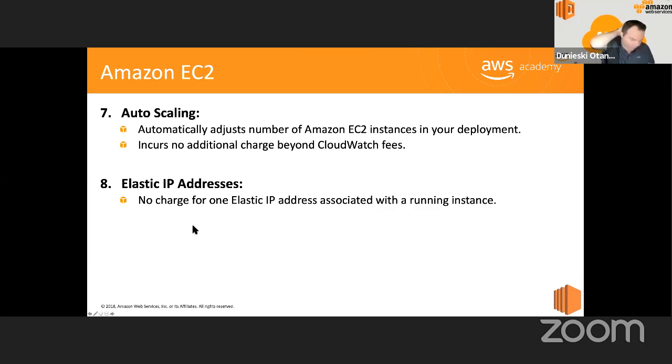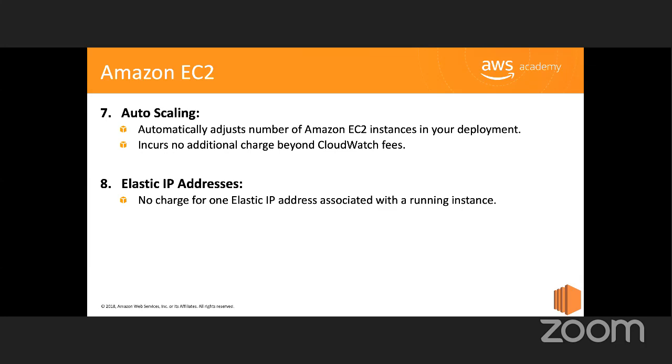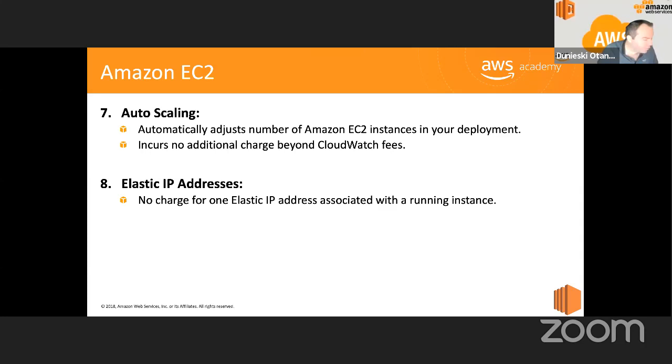So when do you need an elastic IP? Every time you stop your instance and restart it, you're going to be assigned a new IP address. If you want to keep the same IP address, you can associate an elastic IP address to your EC2 instance, and it doesn't matter how many times you stop it.